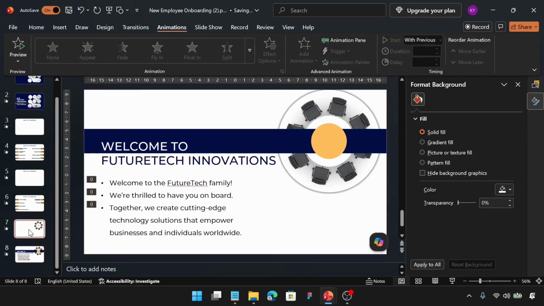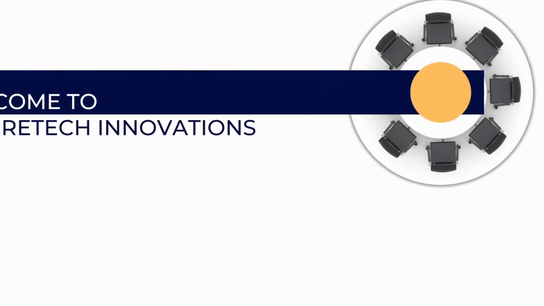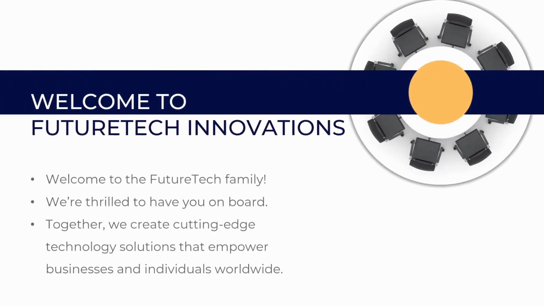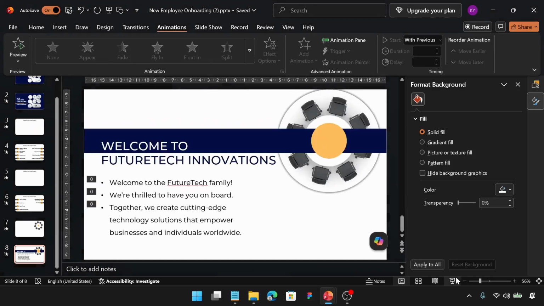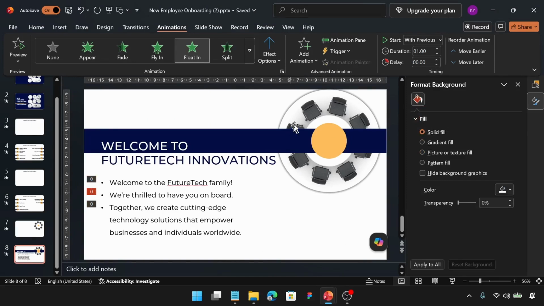So now let's go back to the previous slide so we can see our slide effects in the slideshow view. So I'm just going to start this and then when I go to the next one, we're going to have this animation and then, oops, it seems like my text didn't come in as I want. So let me select the first one. Okay, this one should be after previous and this one should also be after previous.